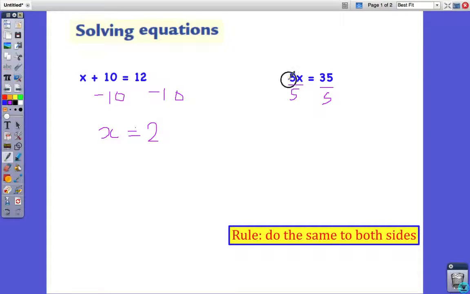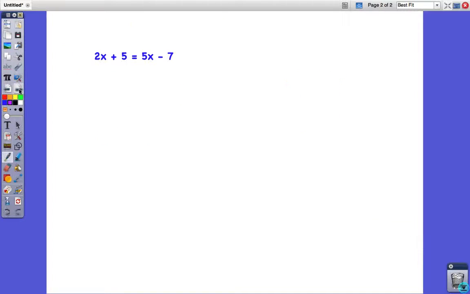We then have divide by 5, divide by 5, x equals, and if we're remembering our 5 times table, 5 into 35 goes 7. x equals 7.